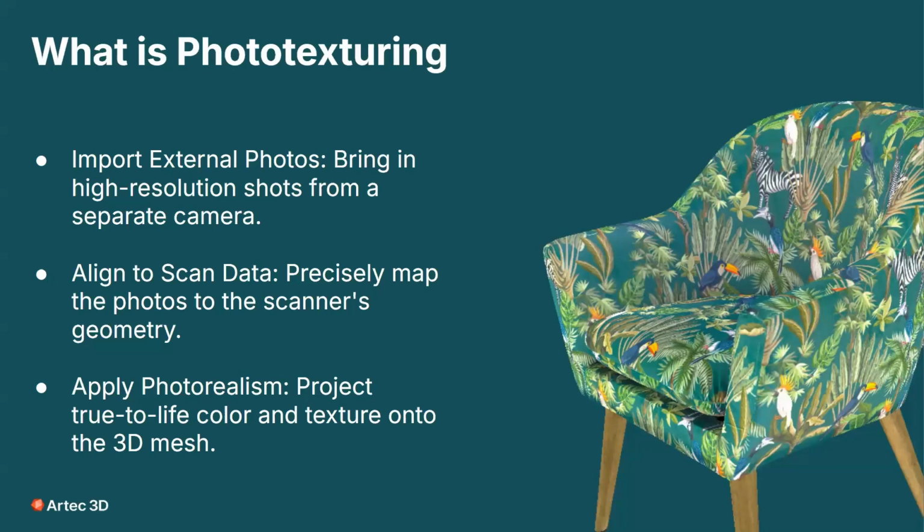The software then takes those external photos and matches them precisely to the positions recorded by your scanner. And the end result is a highly accurate 3D model wrapped in a vibrant photorealistic texture. So this way you're getting the best out of both worlds.